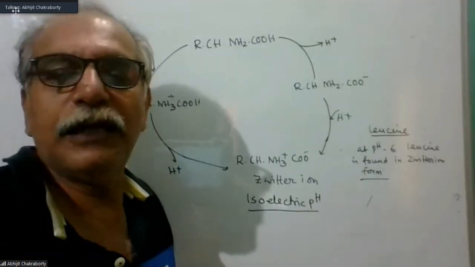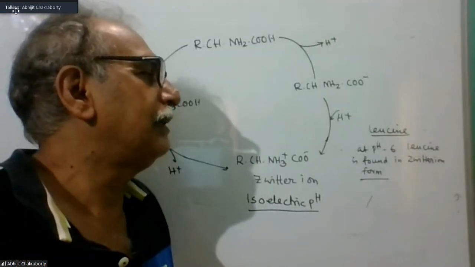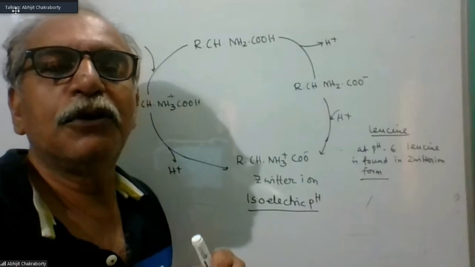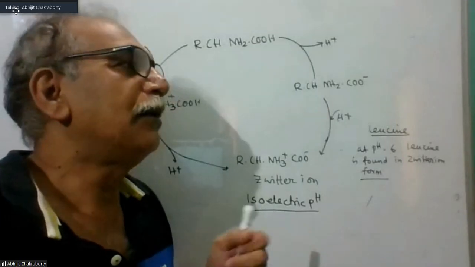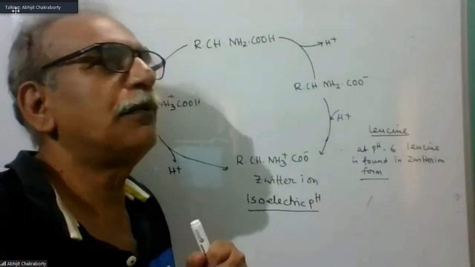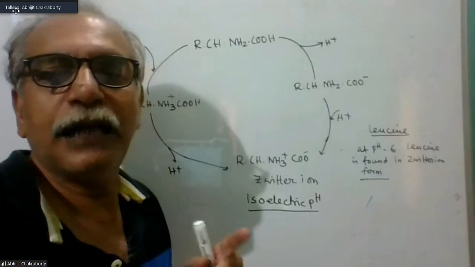So for leucine, the isoelectric pH is pH 6. So it varies from amino acid to amino acid.